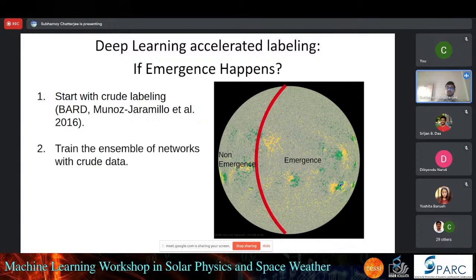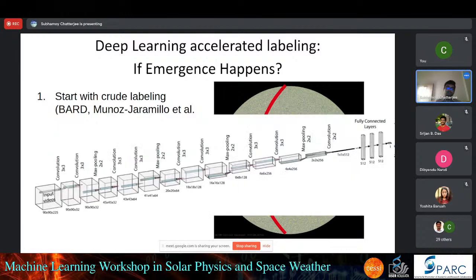So instead of a single model, we train an ensemble of models, and this is the architecture of the model. We have these 90 pixel by 90 pixel by 225 frames of videos, and then there are these convolution blocks followed by non-linearities, and there is this max pooling, which is changing the resolution of the patches.